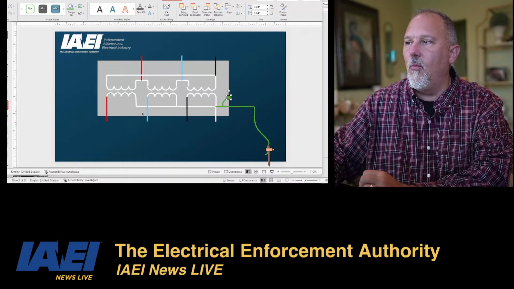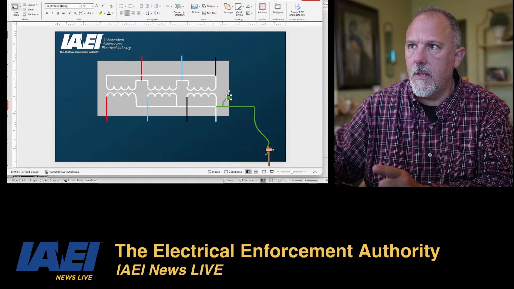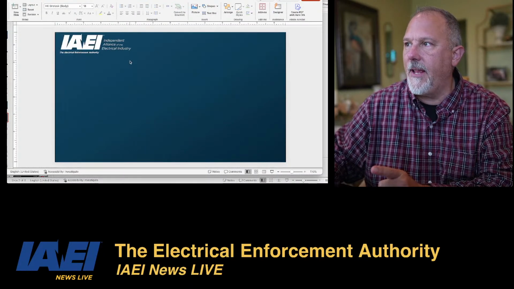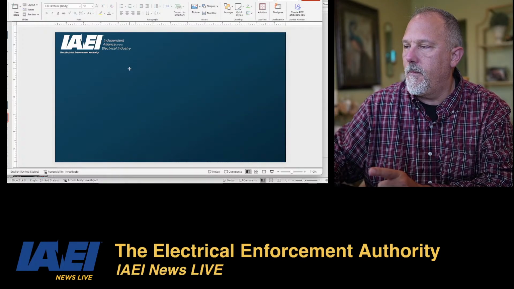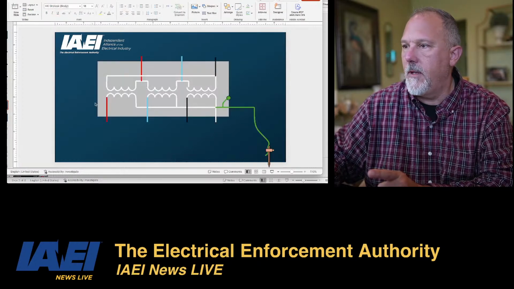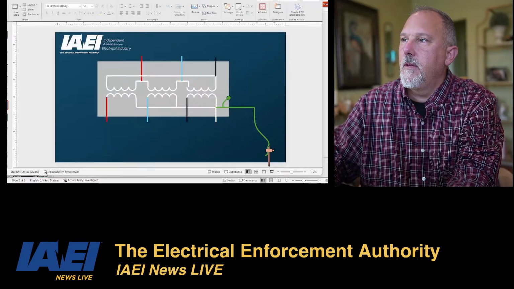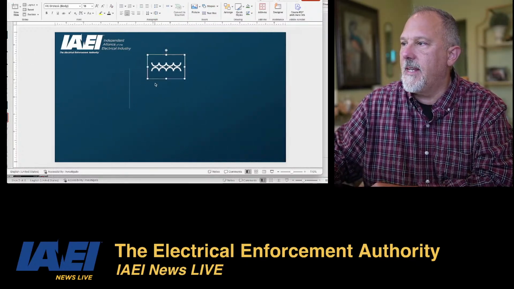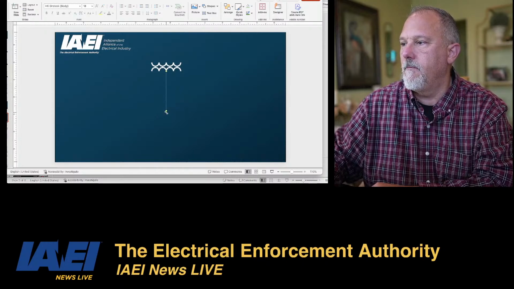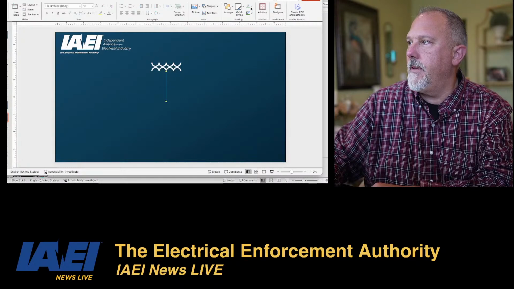If I looked at a one-line diagram, let's do this. If I had a one-line diagram, I grab a transformer, Control C, and I'm going to do a Control V. Let's say I have a transformer here, and I'm going to draw a line.